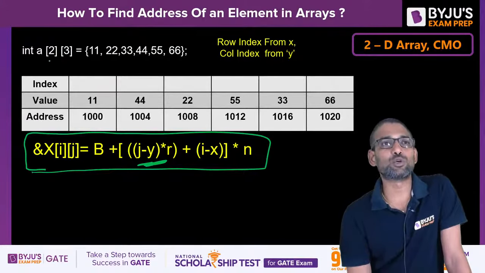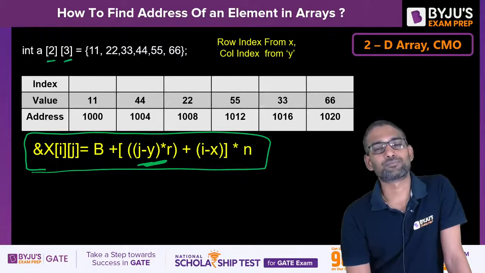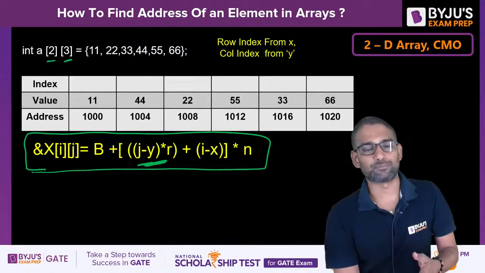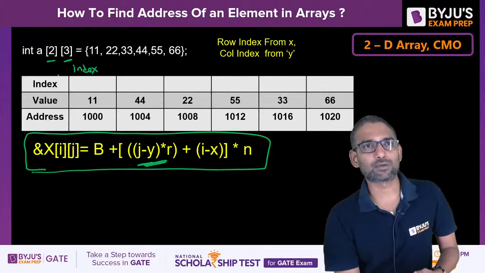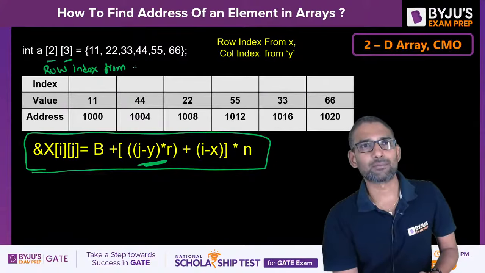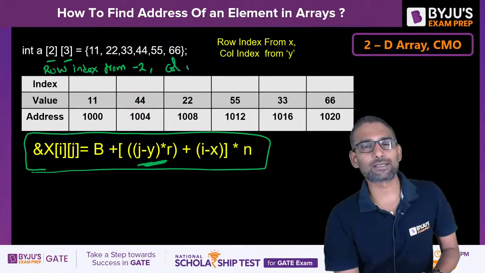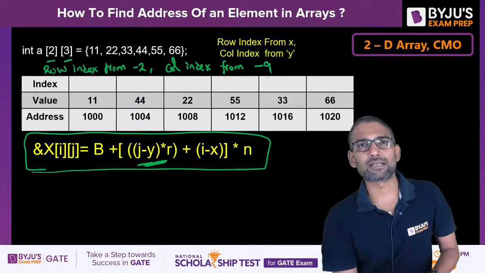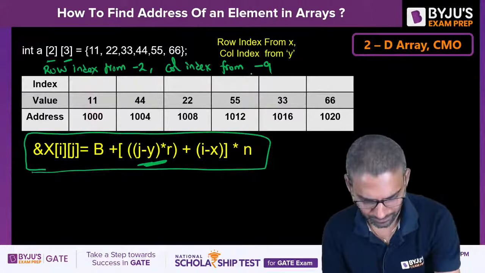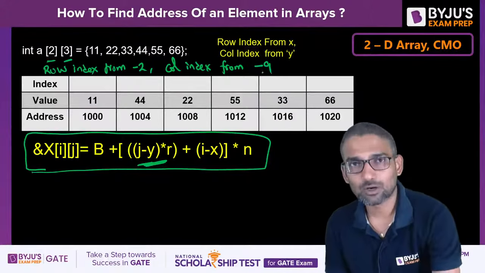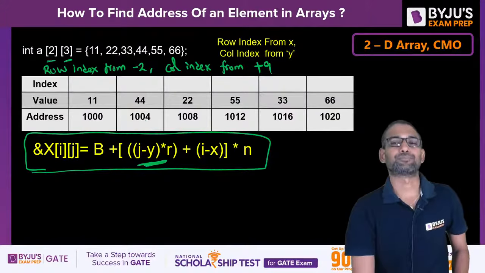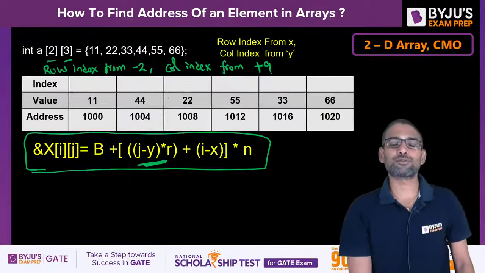If I am taking 2 rows, 3 columns, first column values will come. Suppose I am taking row index from, let's say, -2, and column index from, let us say, -9 or +9, any number you can take. Let's say I am taking column index from +9. First column values will store.